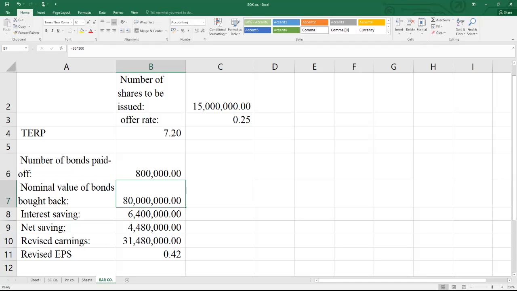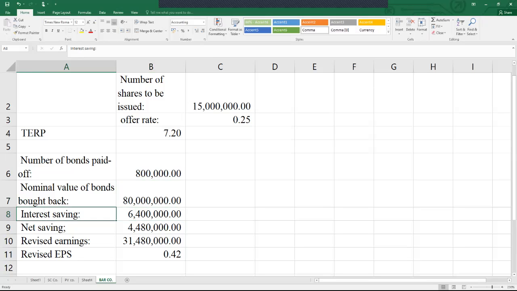What's the nominal value per bond? It's 100, isn't it? Therefore, what's the total nominal value of the bonds you have bought back? It's simply equal to 800,000 times 100. Okay, great. Then, these are bonds you have bought back.